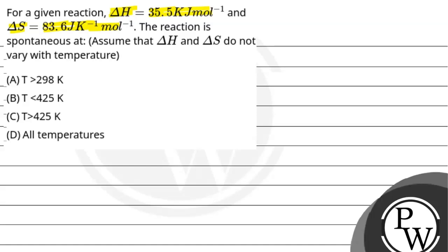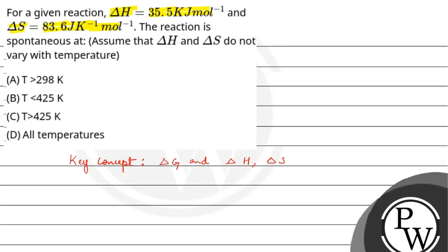तो पहले हम इस क्वेश्चन में इन्वॉल्व हुए की कॉन्सेप्ट को समझते हैं. So जो की कॉन्सेप्ट इन्वॉल्व in this question is we have to find the relationship between delta G and delta H and delta S. So why we have to find this relation?